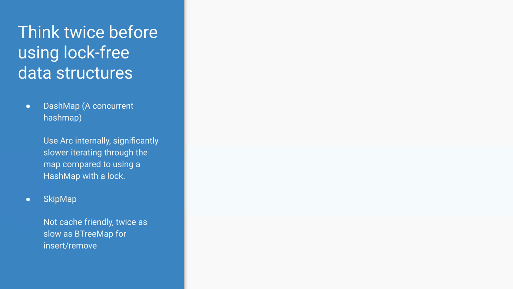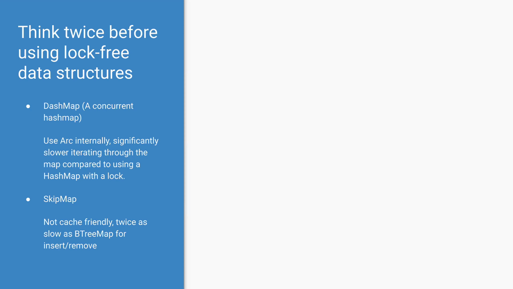The first one is DashMap. DashMap is a concurrent hash map implementation, and it uses Arc internally. So the dereferencing time will be significantly slower, and we observed much slower iteration through the map compared to a hash map with a lock.